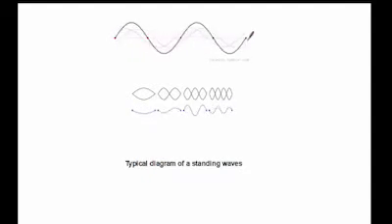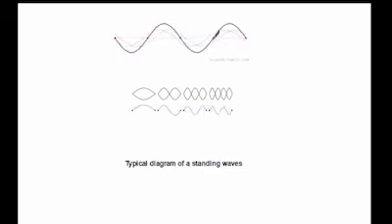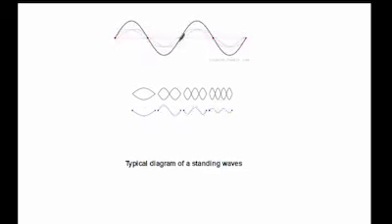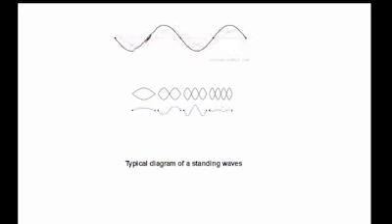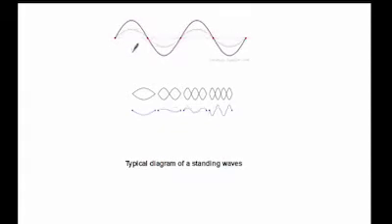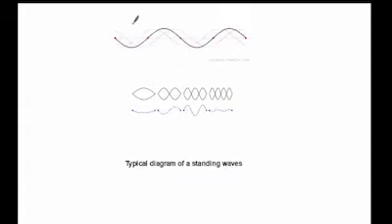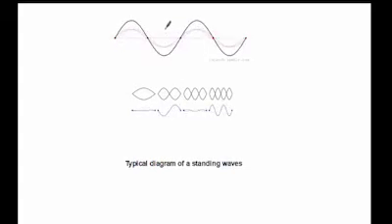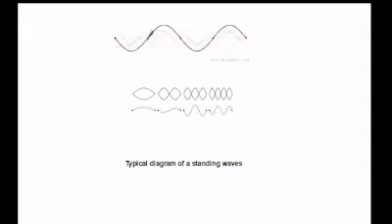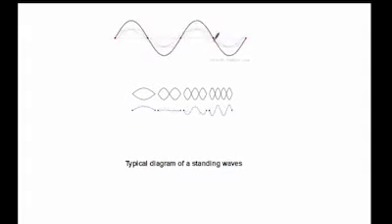Again, as you see here, we have some stationary points with no displacement, and other points which have maximum displacement, called antinodes. These red colored points are called nodes.